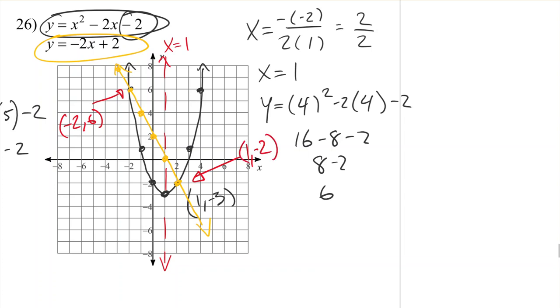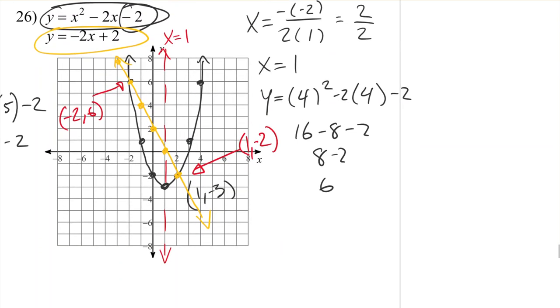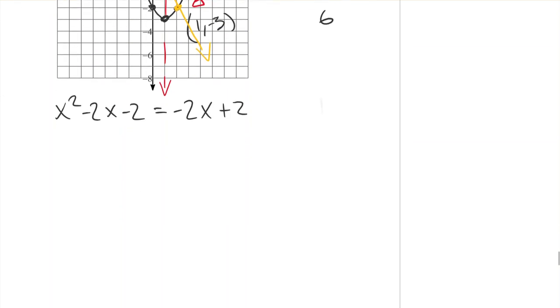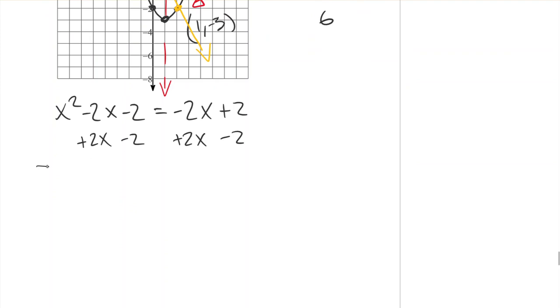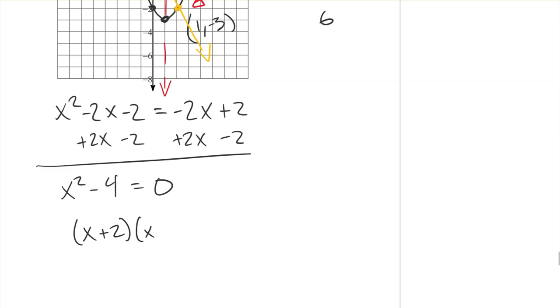Algebraically, let's say x squared minus 2x minus 2 equals negative 2x plus 2. Add 2x, subtract 2. Hey, what do we have here? Minus 4, right? Perfect square, subtraction sign, perfect square. This is going to be the sum and difference pattern, right?